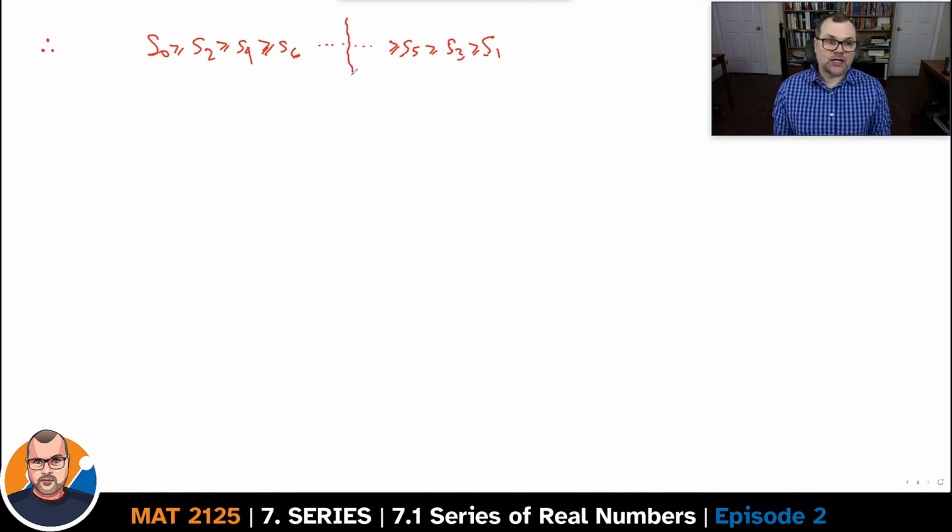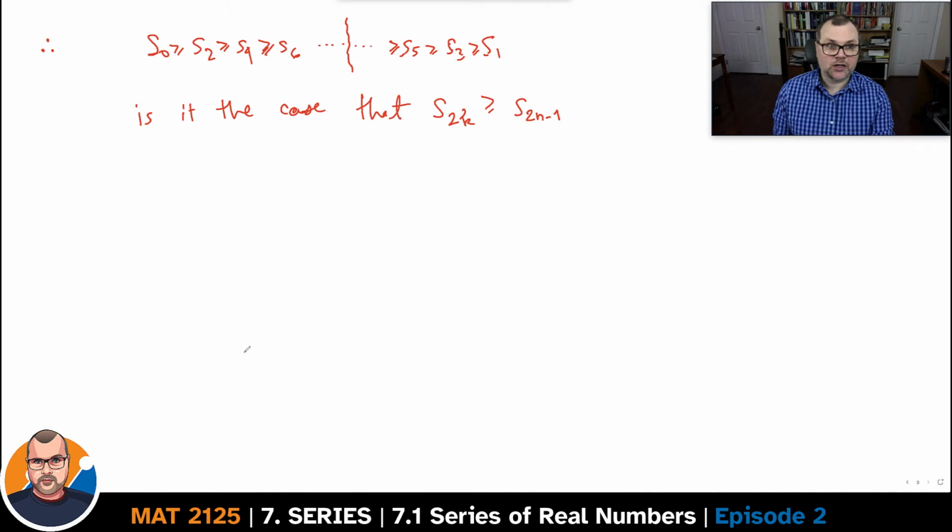We would need to show that all of the odd numbered partial sums are smaller than all of the even numbered partial sums before we can actually combine those into one chain of inequalities. Is it the case that every even numbered partial sum is larger than every odd numbered partial sum?